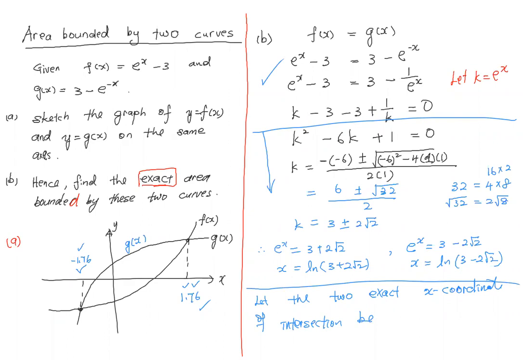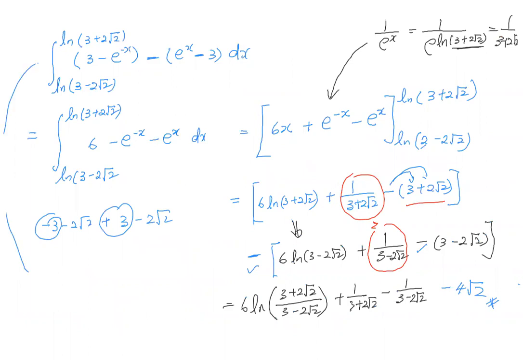So let it be A and B. Do you get me? Then you write down: integrate from A to B, 3 minus e to the power -x, take away e to the power x minus 3, dx. So at least the examiner can give you another 1 mark. If this whole thing is 5 marks, at least you can get 2 marks.